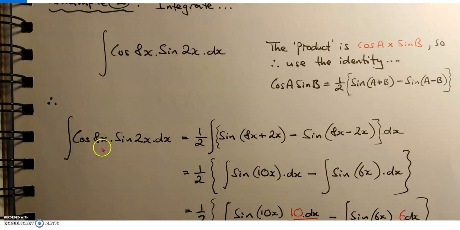Now, what does this look like in this particular question? Here we have the integral, and it's a half times the integral of the sine of the sum of those two angles, so 8x plus 2x, which gives me the sine of 10x, minus the sine of the difference of these two angles, which gives me the sine of 6x.